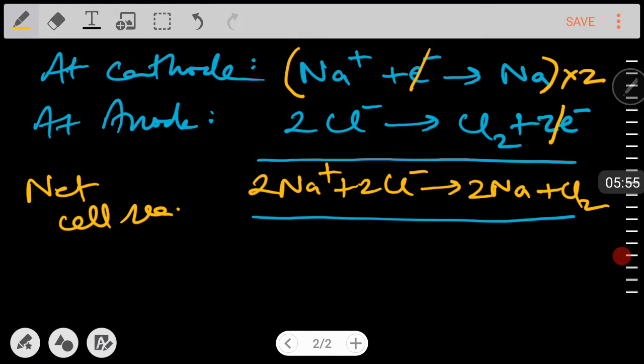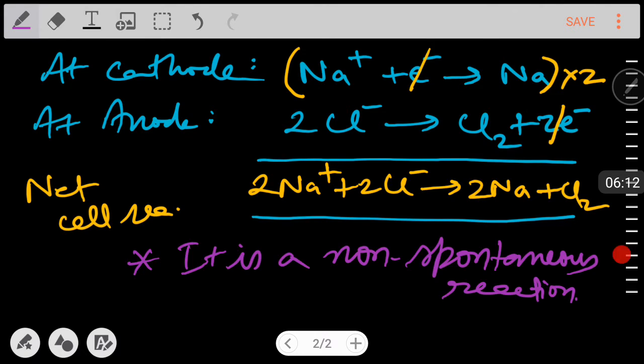So an electrolytic reaction or electrolysis is a non-spontaneous process that cannot occur on its own. It has no natural urge to occur. It can take place with the help of electricity. Okay? The Gibbs free energy change for such a type of reaction will be positive.